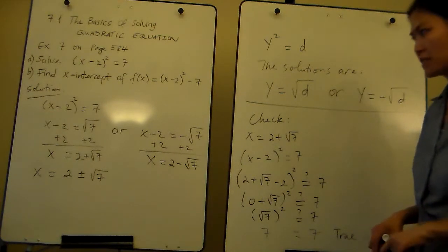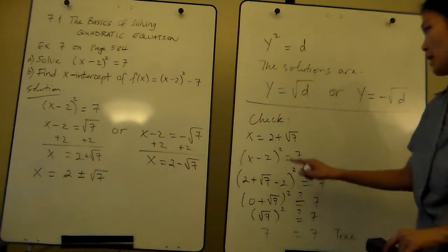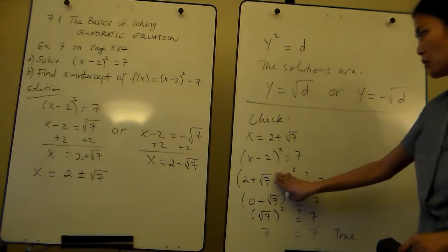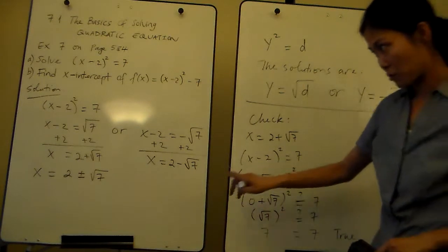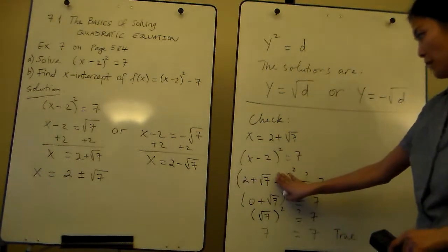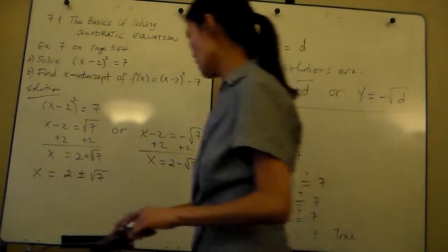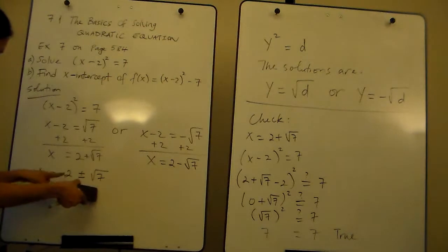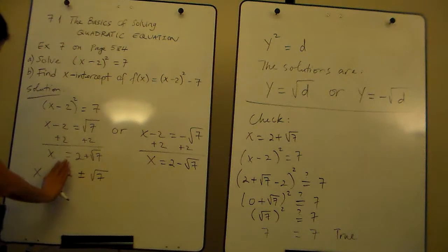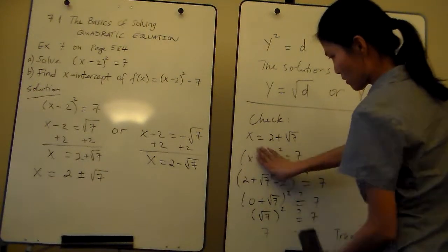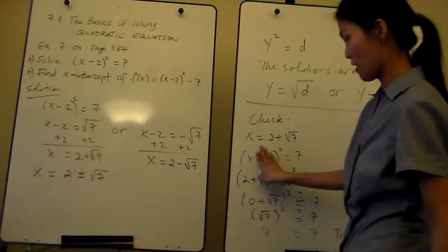Actually, I would still not, because even without a negative 2, I still need to substitute each x individually. When you have 2 terms instead of just 1, the plus and minus would change the value inside after you square it. Like the last example, where we had plus or minus square root of 7, you can substitute into the square if the x stays alone without a negative 2.